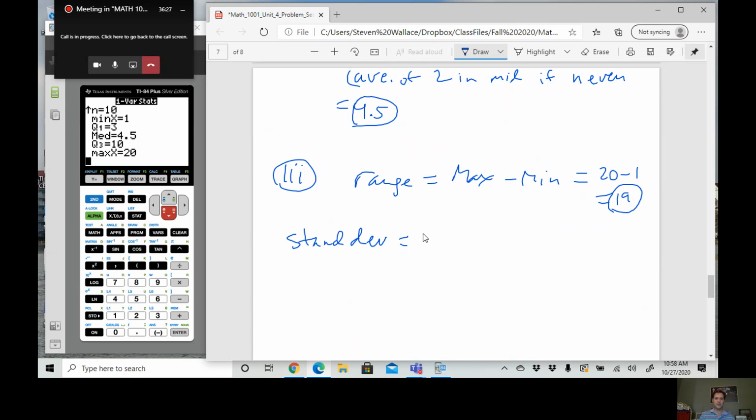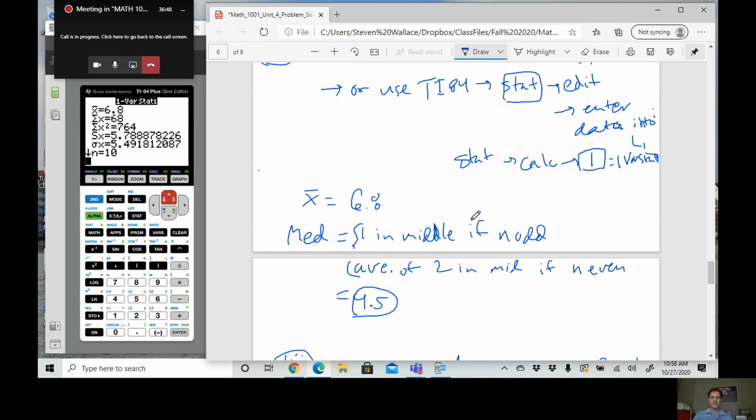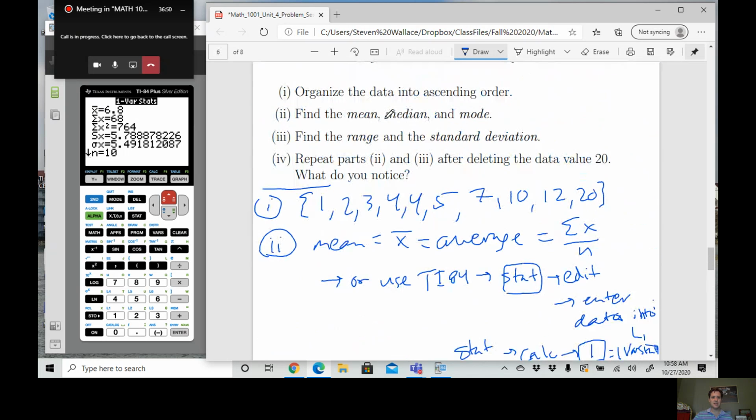Standard deviation. If you use one of our stats, in this case, it is the S sub x, because we are using a sample.